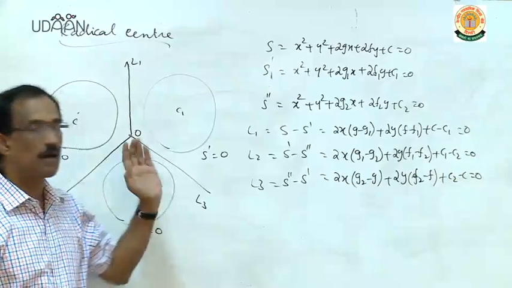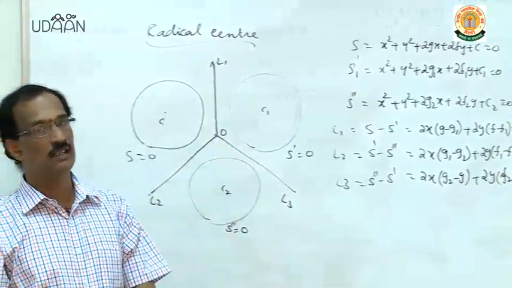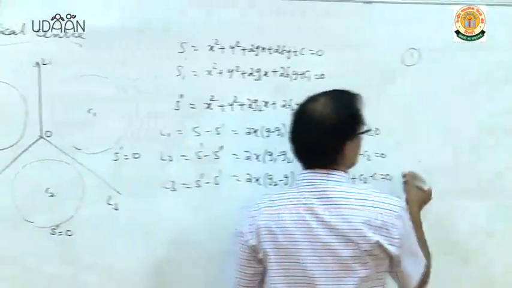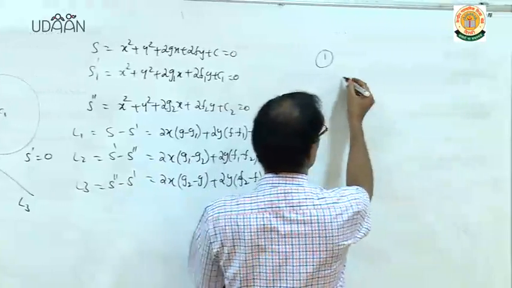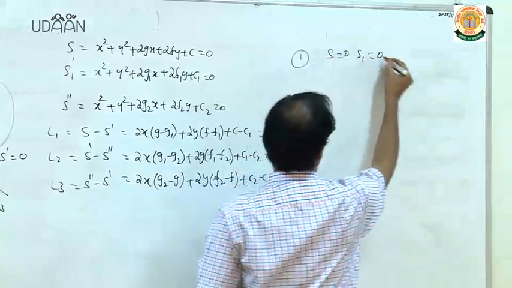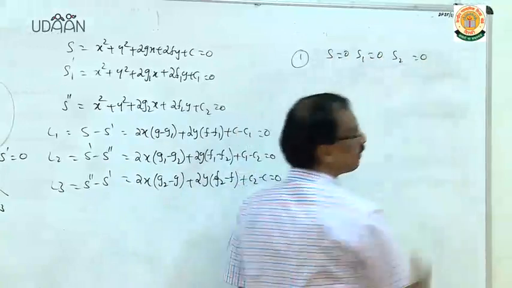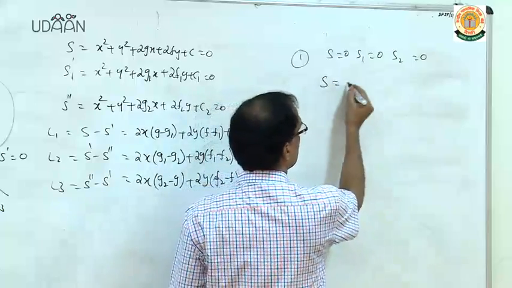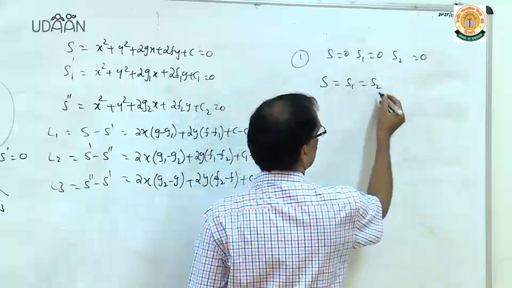Now, what are the properties of the radical center? The first property says that if you have S equal to 0, S1 equal to 0, S2 equal to 0, then we can get the radical center from S equal to S1 equal to S2.